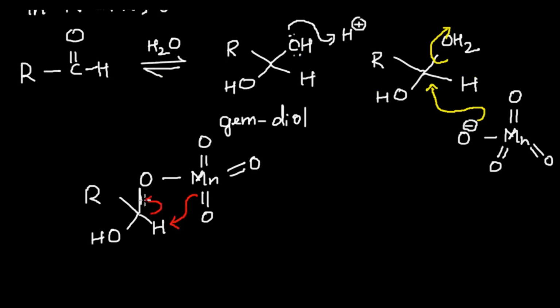The bond falls back on oxygen. So this pair of electrons falls back on electron deficient manganese to give you carboxylic acid.